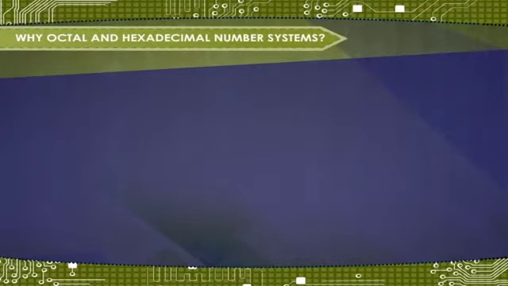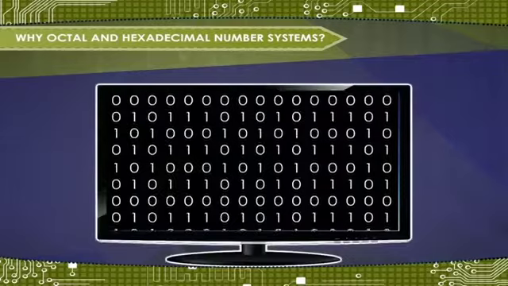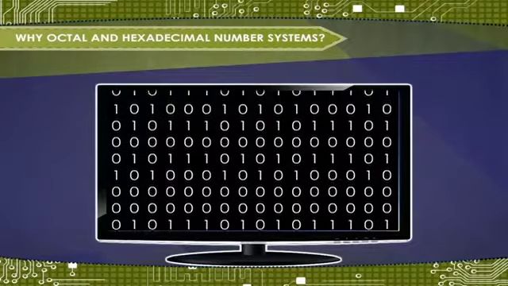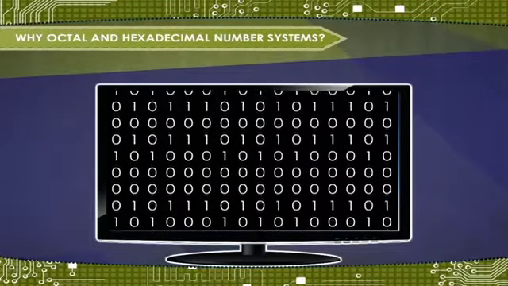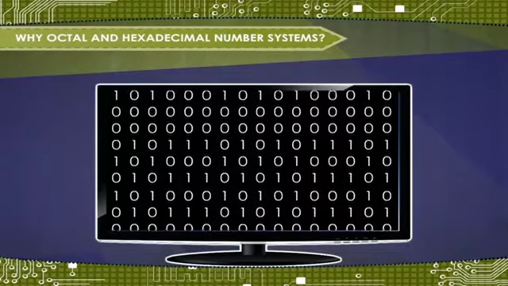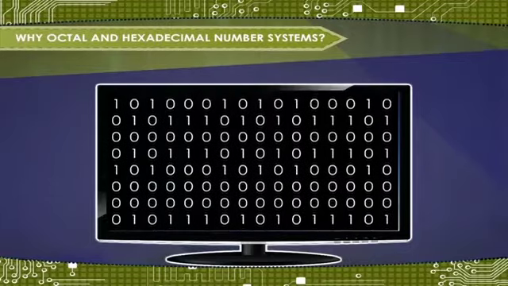Why octal and hexadecimal number systems? Octal and hexadecimal numbers are a convenient way to represent binary numbers used by computers. Computer mechanics often need to write out binary quantities.